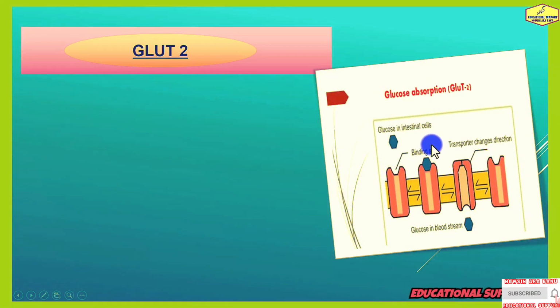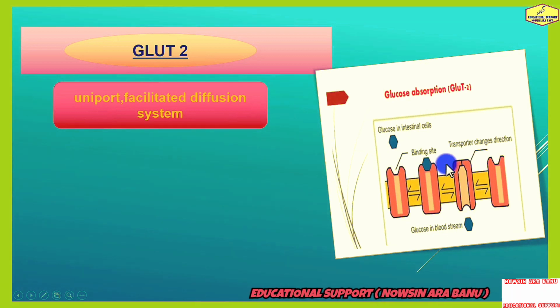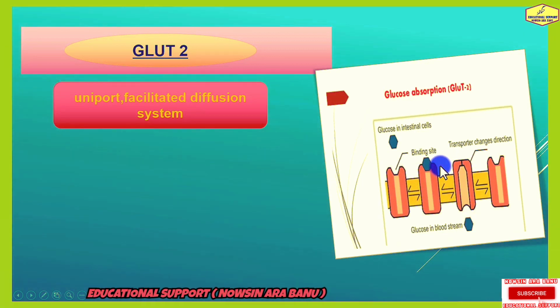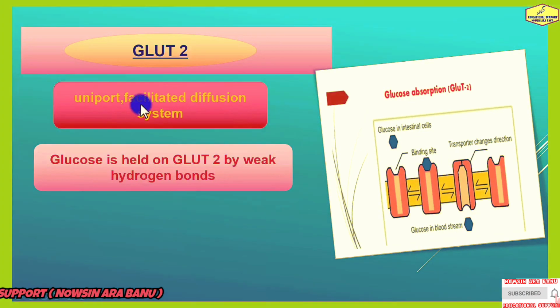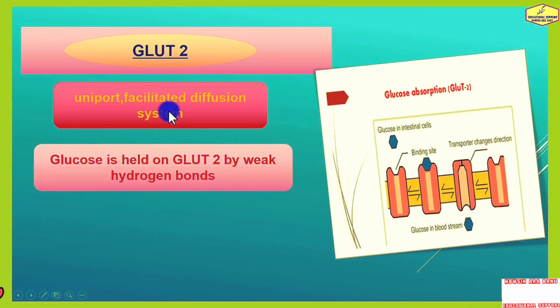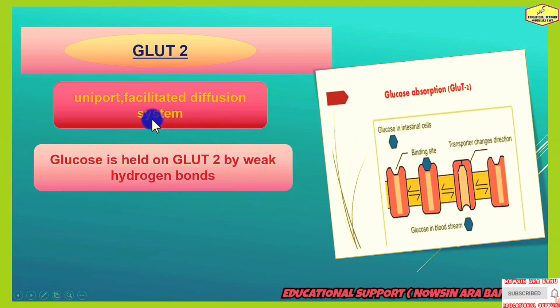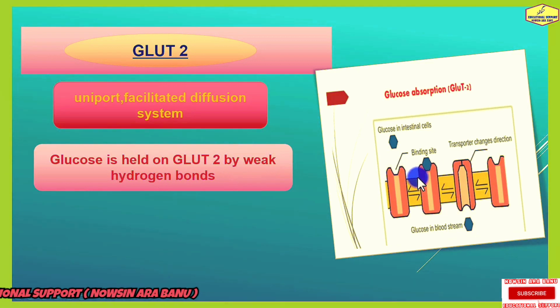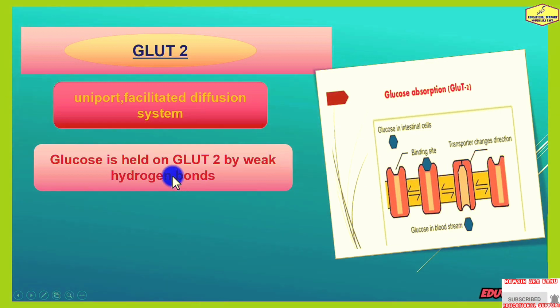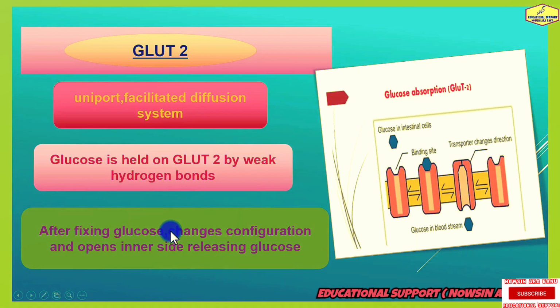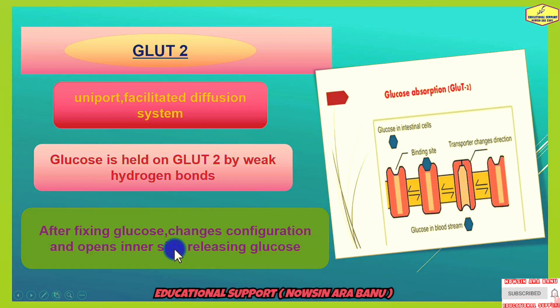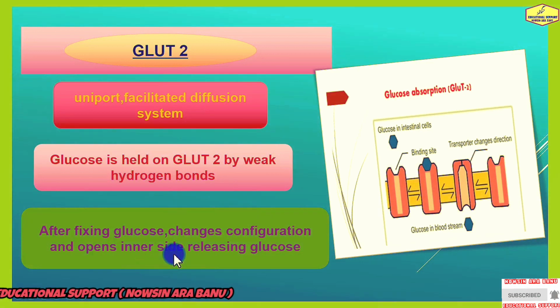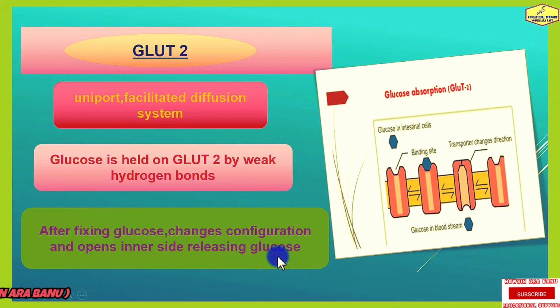GLUT2 operates in intestinal epithelial cells, and it is a uniport facilitated diffusion system not dependent on sodium ion. Glucose is held by GLUT through weak hydrogen bonds, and after fixing glucose, the transporter changes configuration and opens on the inner side, releasing glucose.